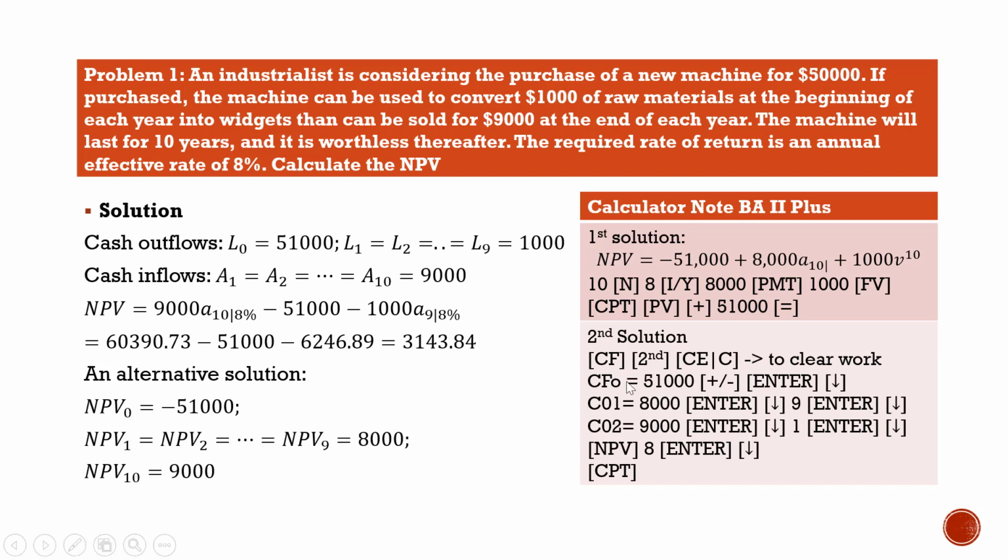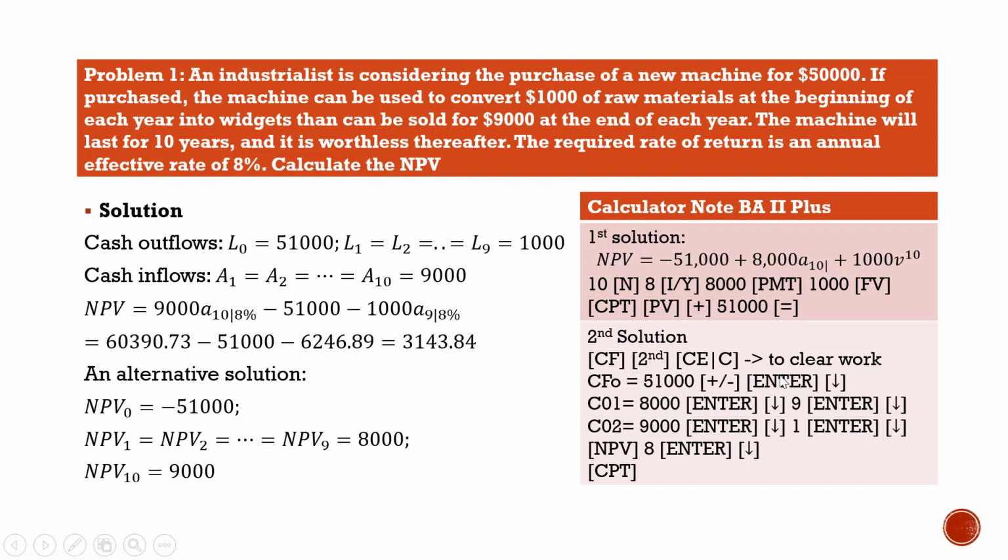So I'm going to hit CF on the calculator, then second CE|C to clear work, and after that on the screen it's going to appear CF0. So CF0 is the net present value at time 0. So at time 0 it is negative 51,000, so we enter 51,000 and hit plus or minus to turn it negative, and then hit enter.